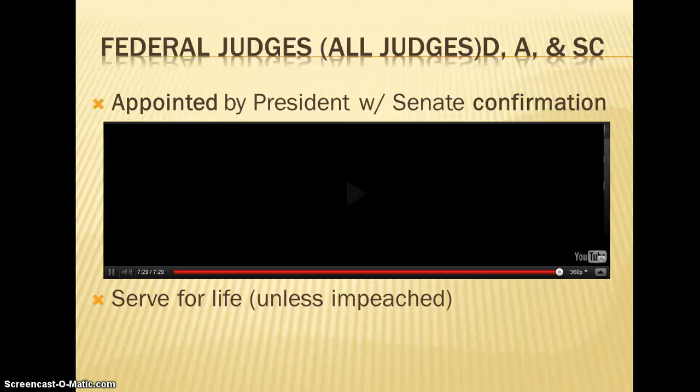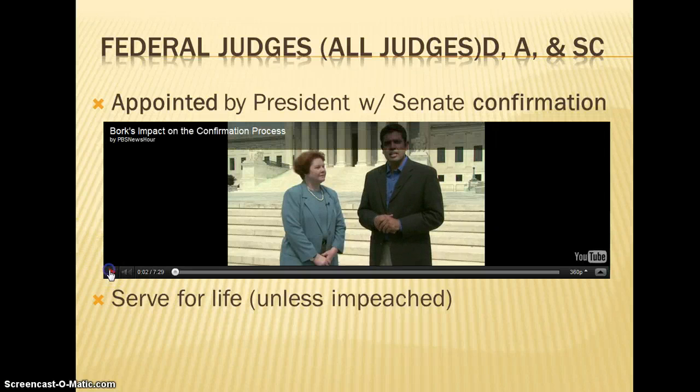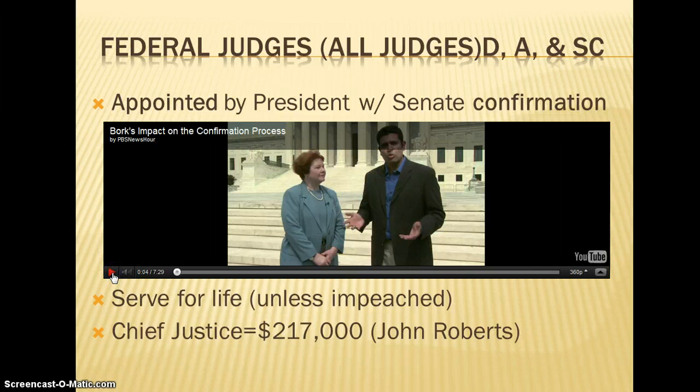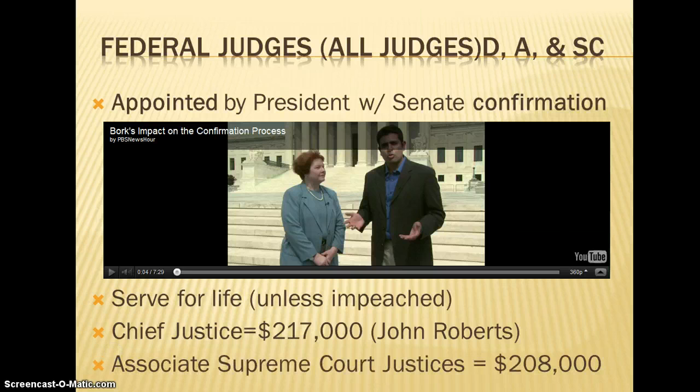And finally, we can talk about this very briefly. I want to bring up how much the justices make. The Chief Justice makes about $217,000. That's John Roberts, of course. And the Associate Supreme Court Justices, the other 8, make about $208,000.